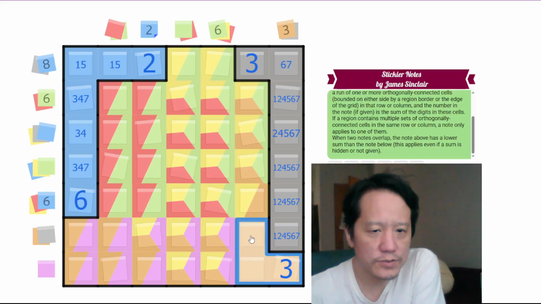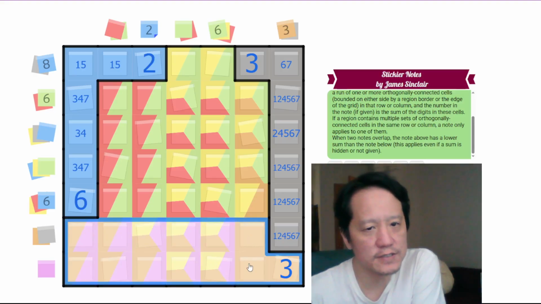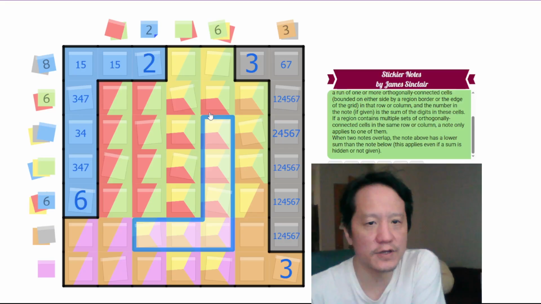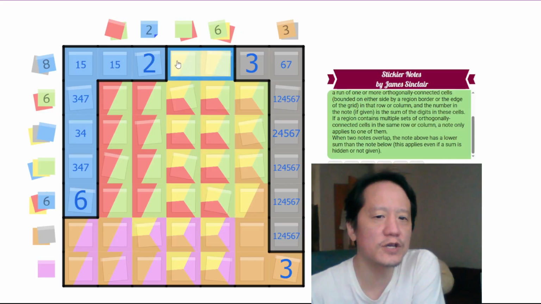This is 1, 2, this is 13 cells, which red and green cannot be part of. The reason why yellow could be here is you could have something like this, right? Actually, well, we know yellow's one of these two.